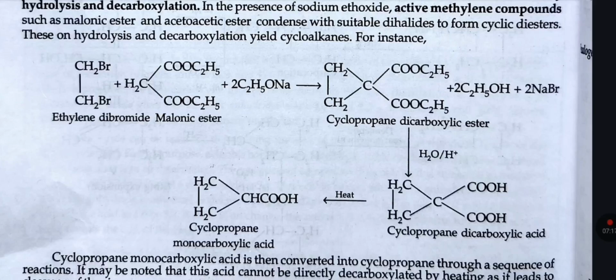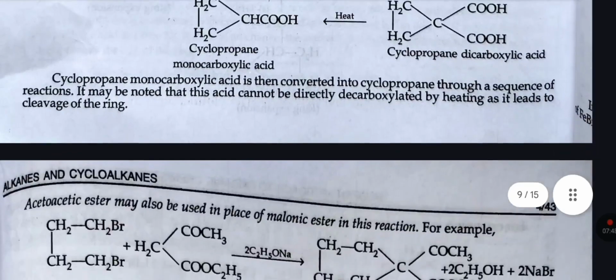For instance, ethylene dibromide and malonic ester plus 2C2H5ONa will give cyclopropane dicarboxylic ester, which on hydrolysis will give cyclopropane dicarboxylic acid. On heating, it will give cyclopropane monocarboxylic acid. Cyclopropane monocarboxylic acid is then converted into cyclopropane through a scheme of reactions.